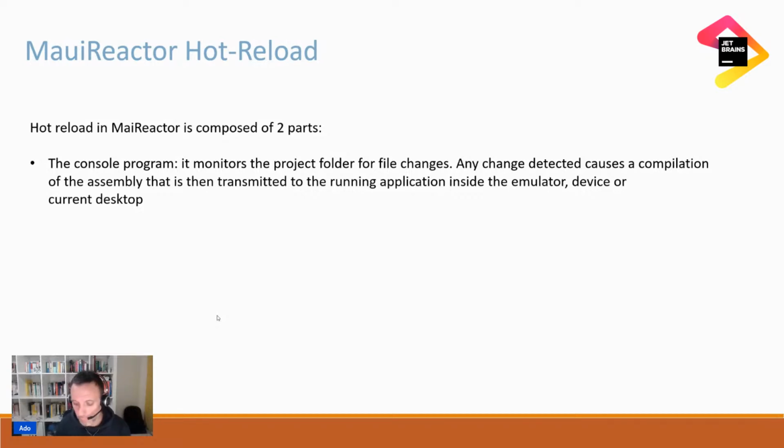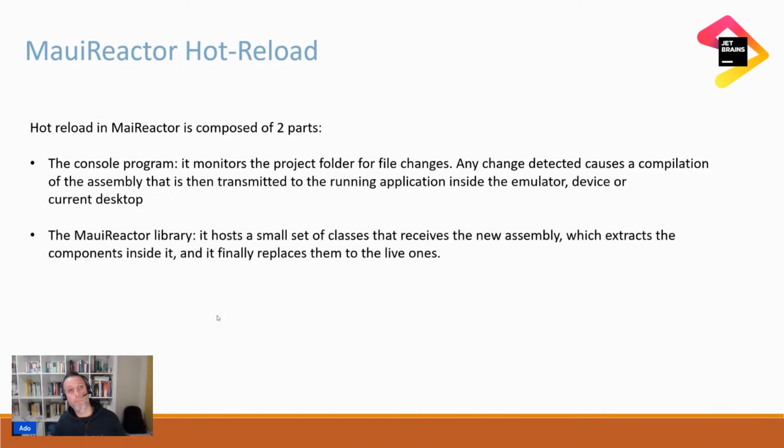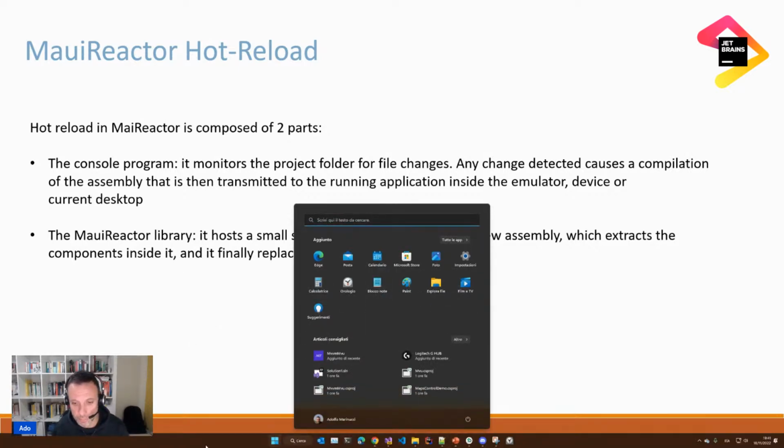The second part of MauiReactor hot-reload is inside the MauiReactor library, where you find a small set of classes that receive this assembly, extract the components inside of it, and replace the components that are running at that moment. Let's see what I'm saying.